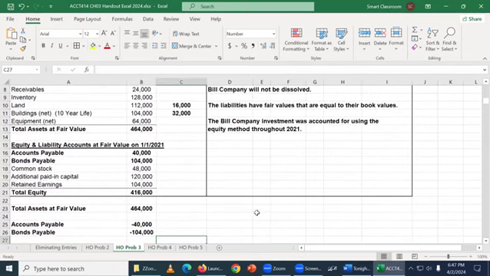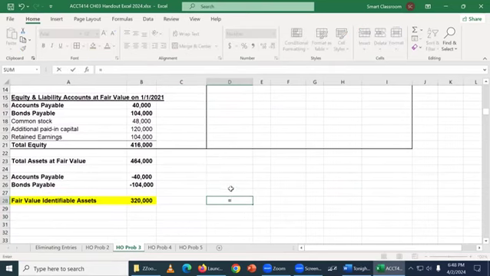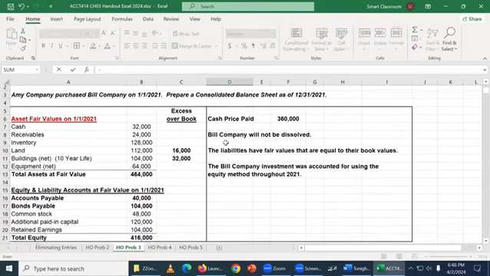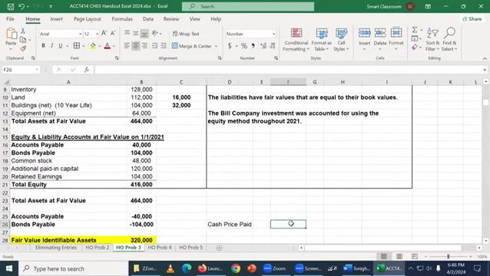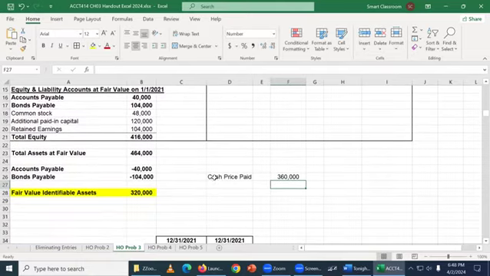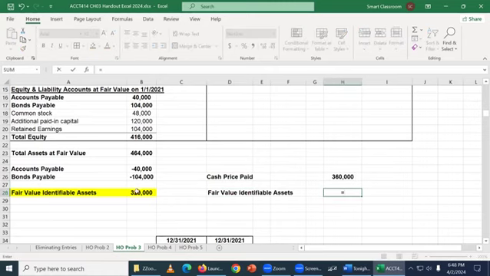Okay, so the fair value is that we paid. Cash price paid was 360, so the difference there is 40.